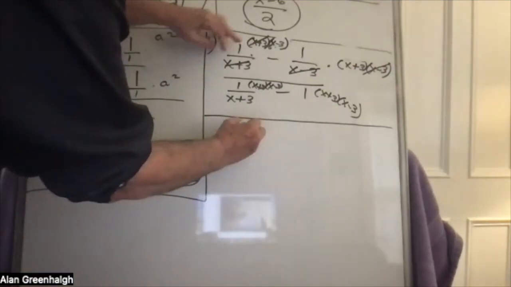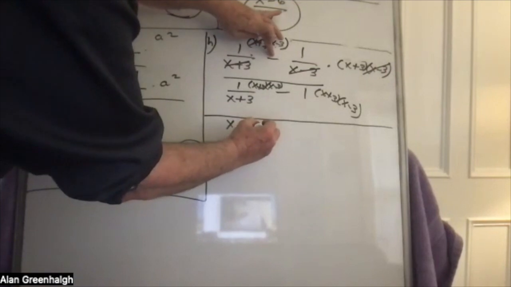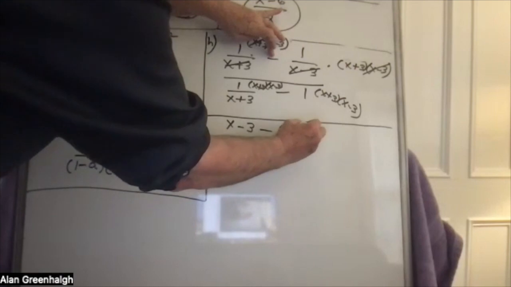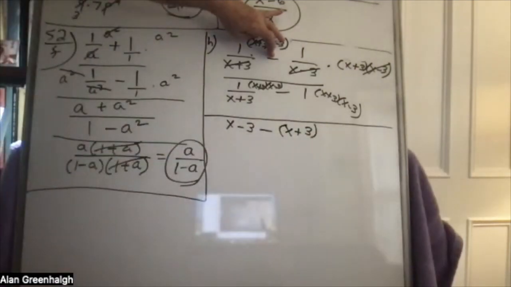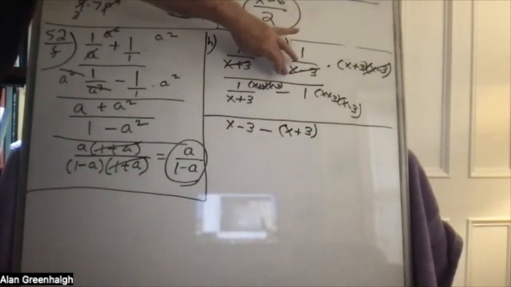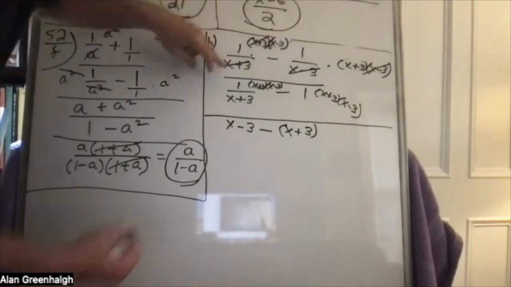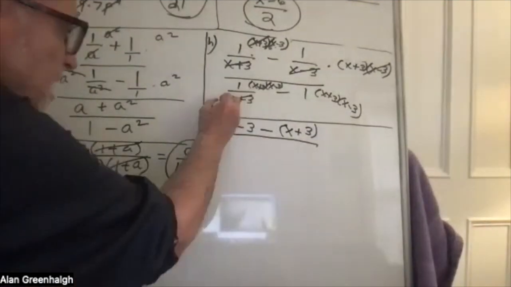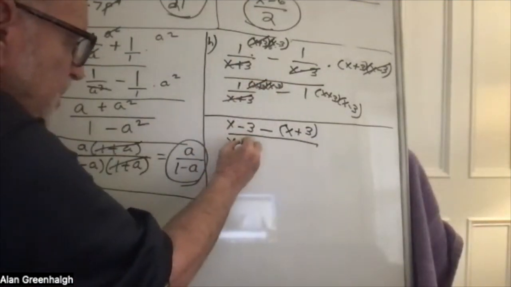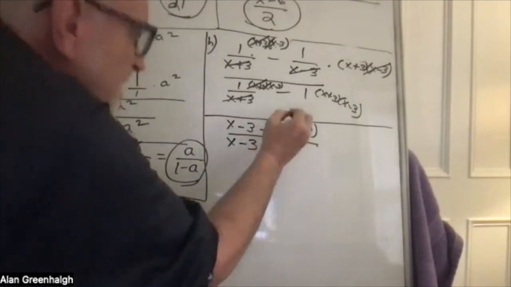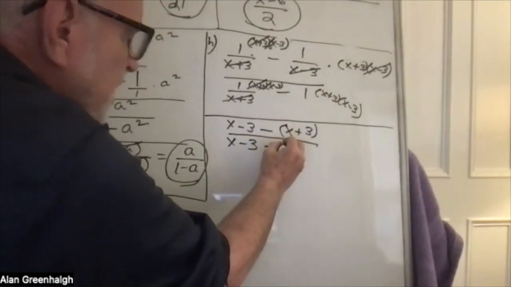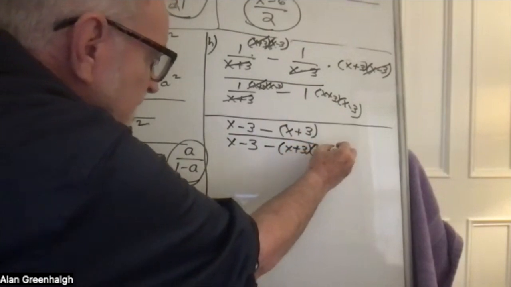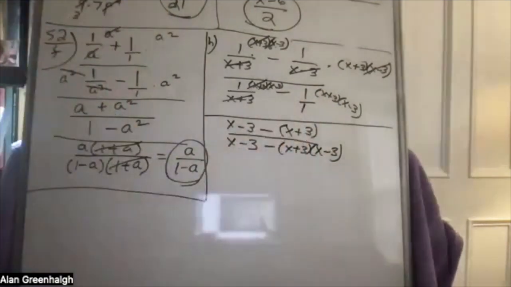Wait a minute, this is from the previous. Don't forget that minus, right? That minus x plus 3 over there. I crossed that out, so I have this left. And then divided by, this cancels out with that, x minus 3 minus, and this will be x plus 3 times x minus 3, because there's nothing there.